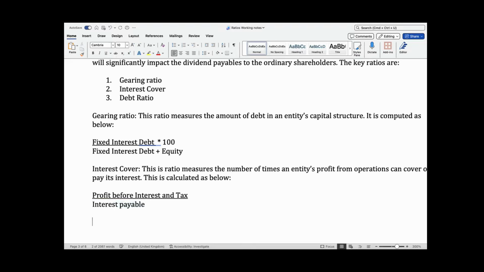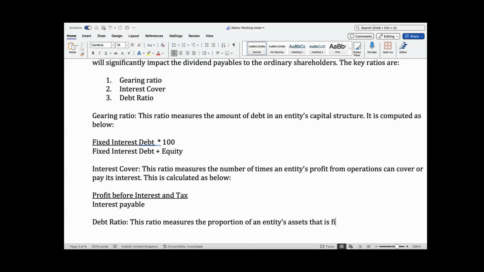And there is debt ratio. So this debt ratio measures the proportion of an entity's assets that is financed with debts.